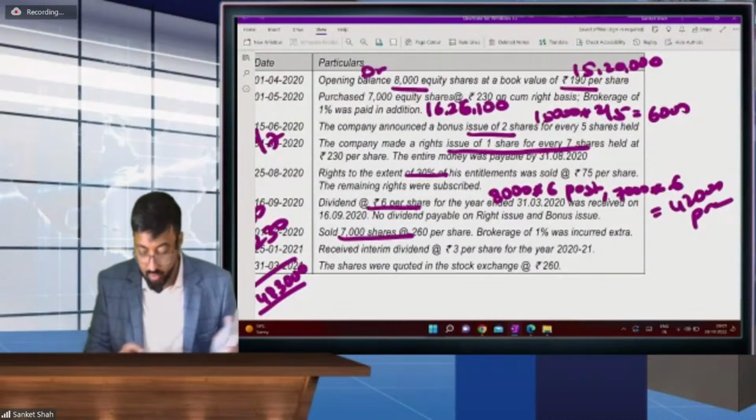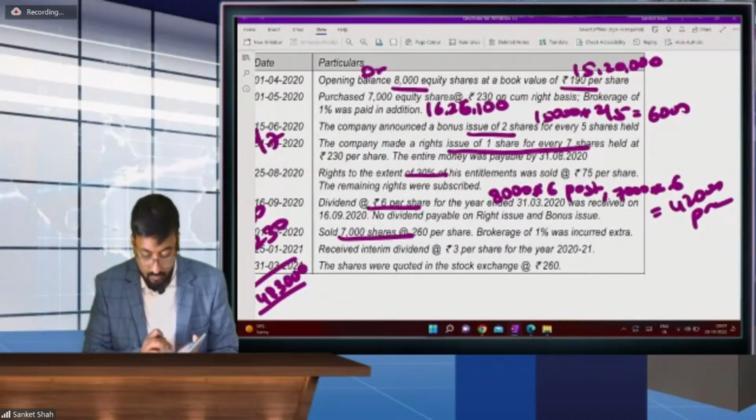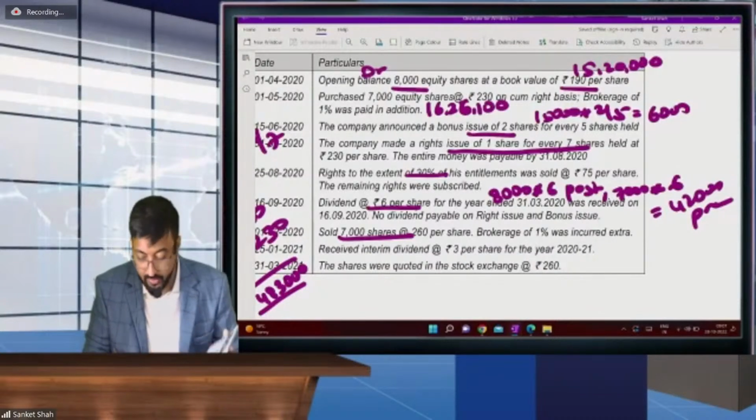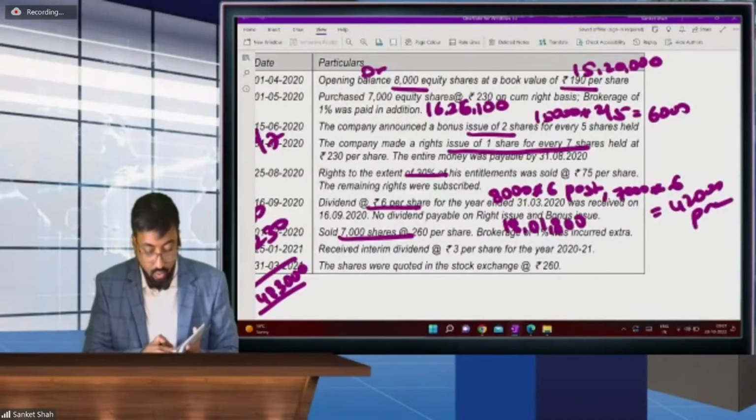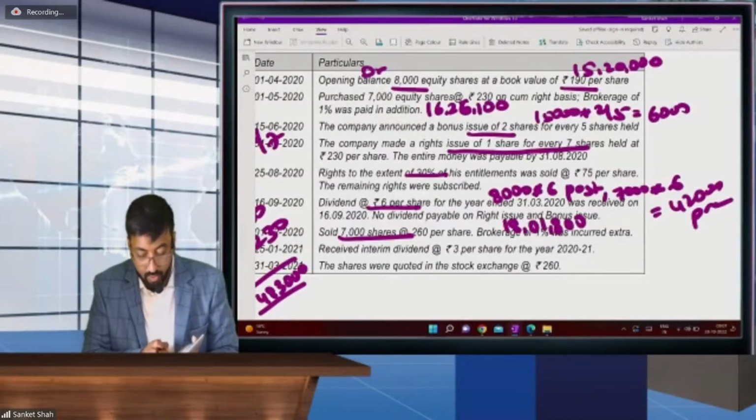Sold 7,000 shares into 260 minus 1% brokerage. Brokerage has to be deducted. 18 lakh 1,800. How to calculate? 7,000 into 260 per share minus brokerage is 1%.